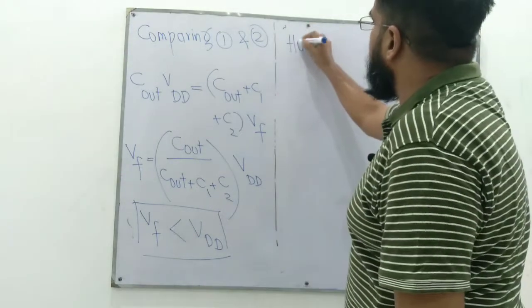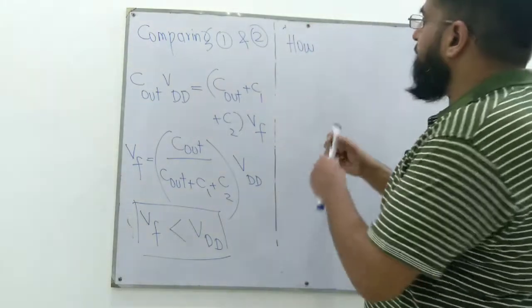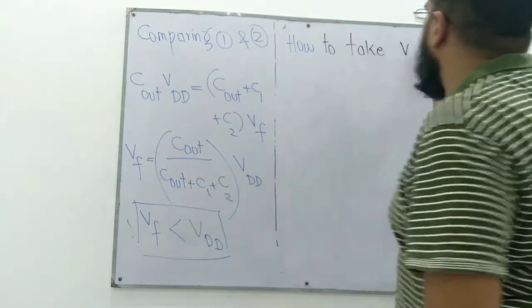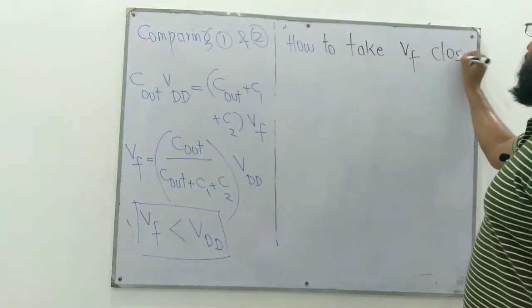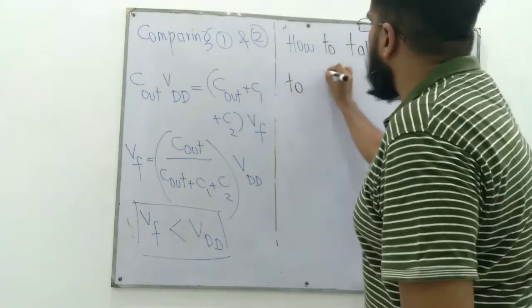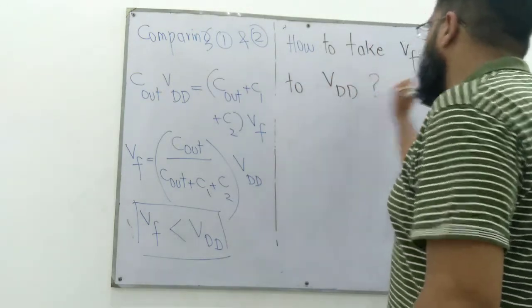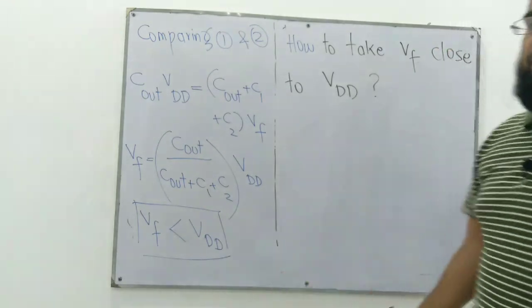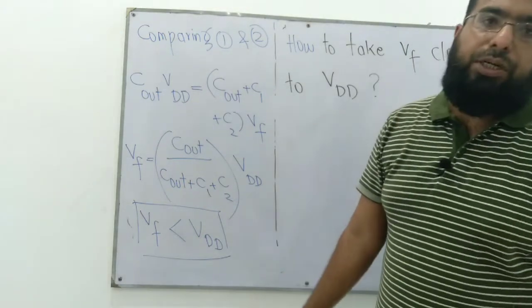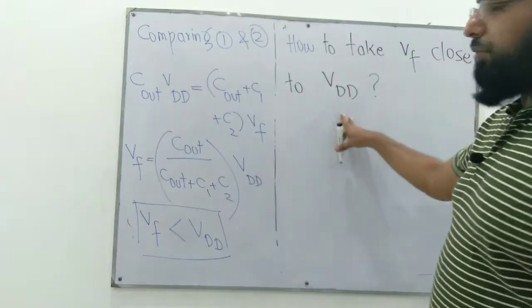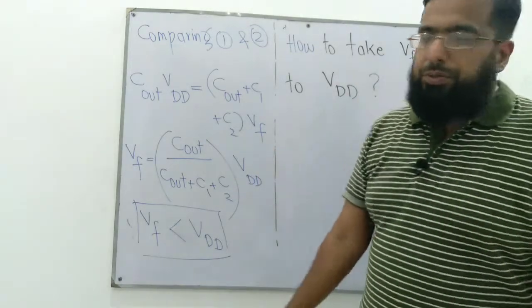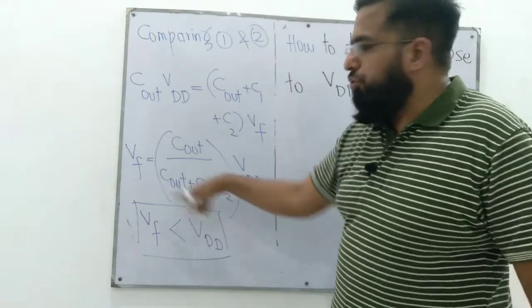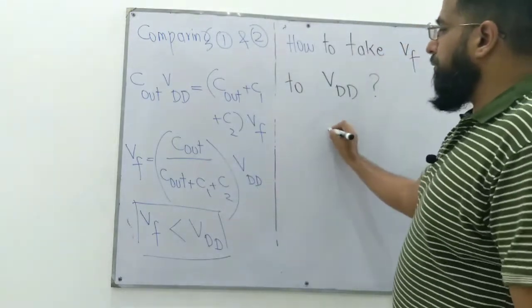How to take Vf close to VDD? We are in pre-charge, and it has to be equal to logic 1. So how to do that? Make this fraction as close to 1 as possible. So how would you do that?